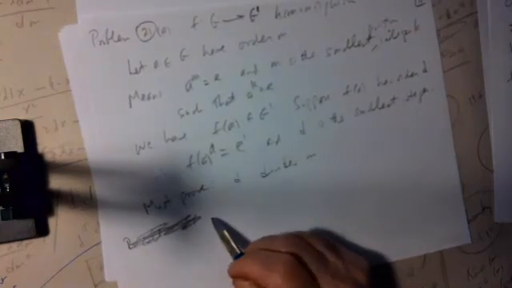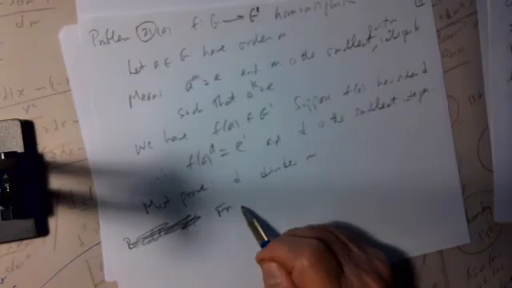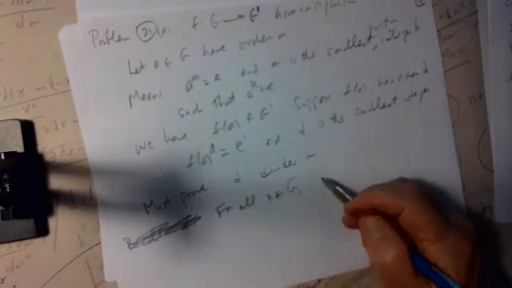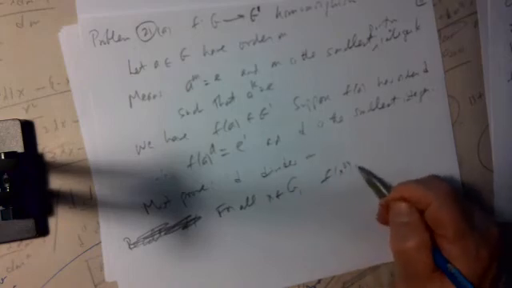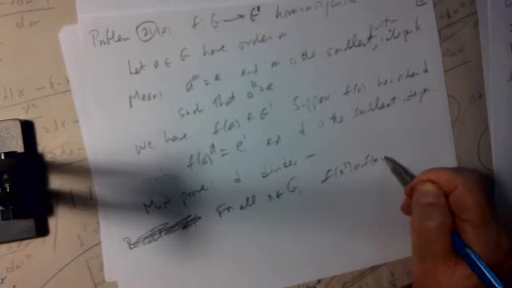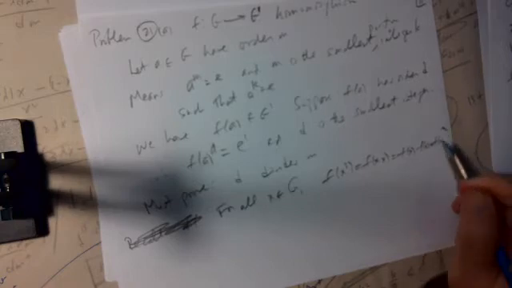So recall, or let's just make the following note. For every x in G, f of x squared, that's f of x times x, that's f of x times f of x, which is f of x squared.